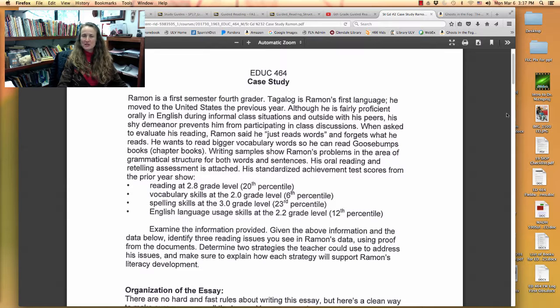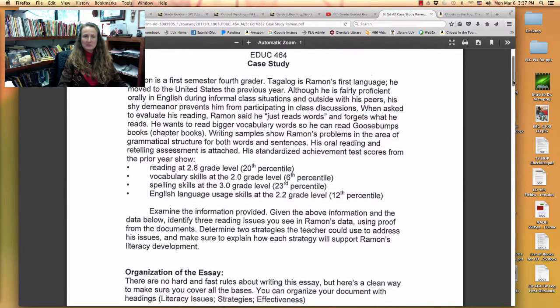But just as a quickie, percentile means how much better you did compared to all the other kids that took the test. So this is a norm level test where you're compared to a norm group. And someone at the 20th percentile means they did as well or better than 20% of all the children that took it, which is not very good, because that means 80% of the kids did better than them.